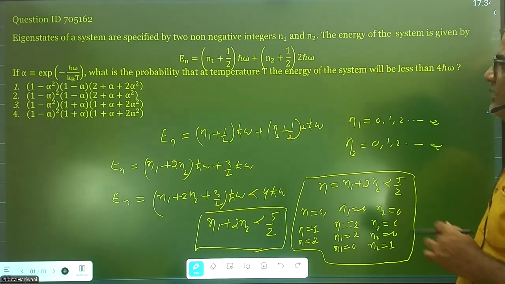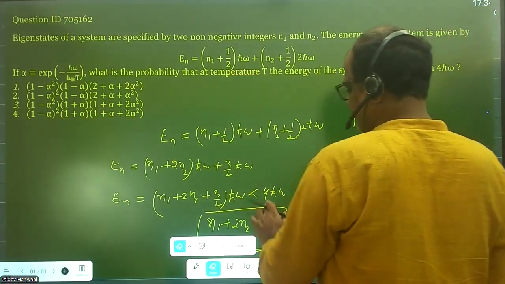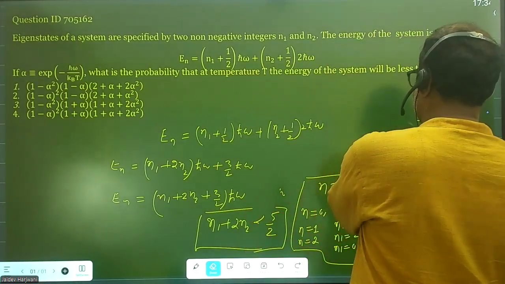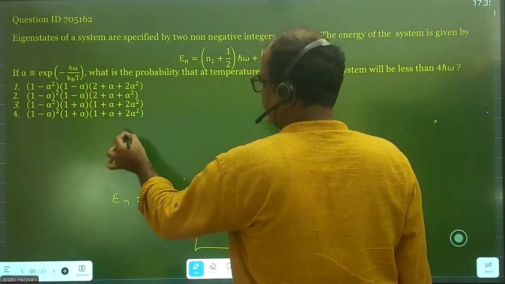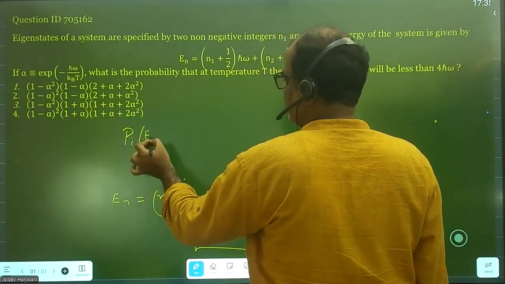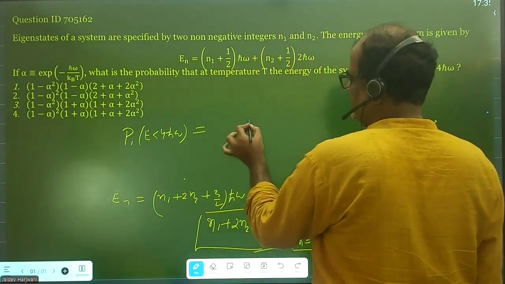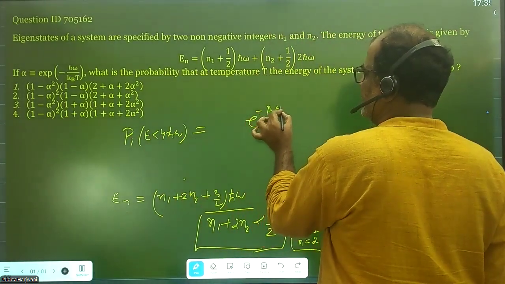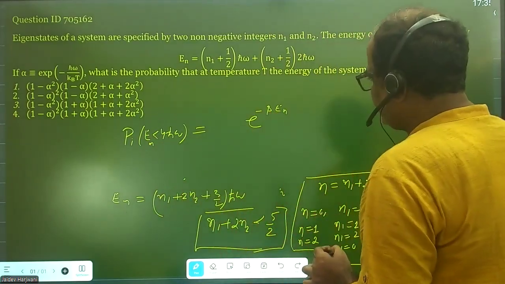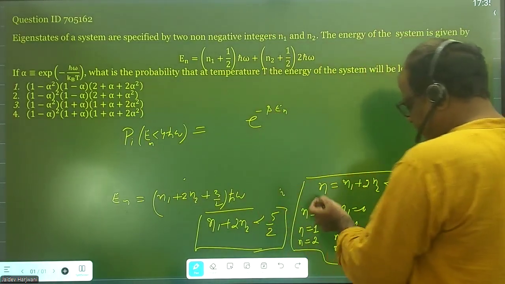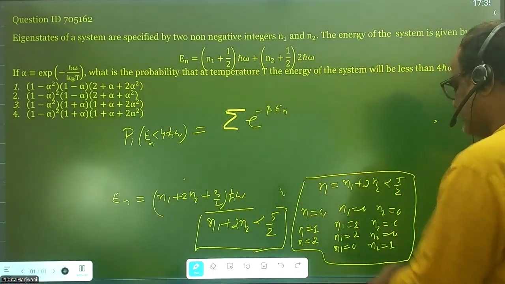Now let us calculate the probability. The probability that energy is less than 4ħω is given by the sum of e^(−βE_n) over the four possibilities, because we have to sum the probabilities of each option.